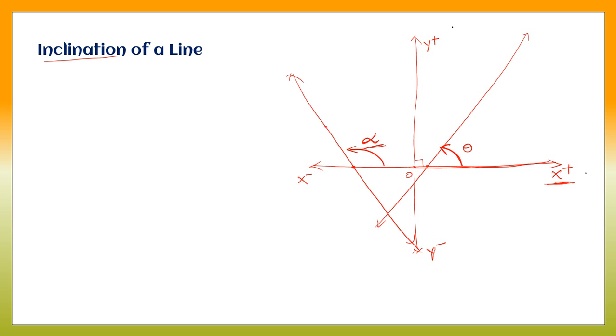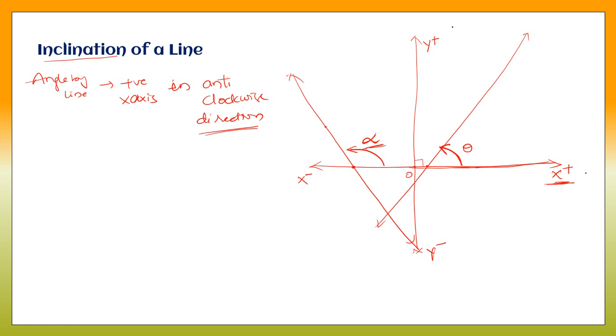From this we can simply say, inclination is the angle made by the line with the positive direction of the x-axis in the anti-clockwise direction. If you observe any line, that line will make an angle from 0 degrees to 180 degrees only.